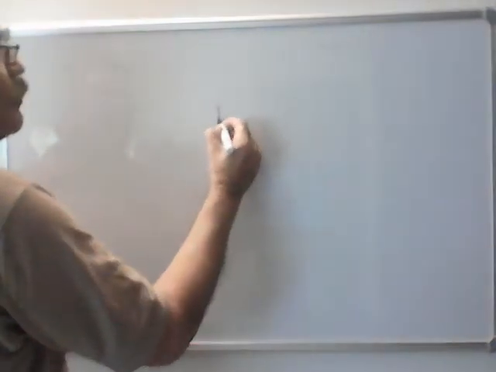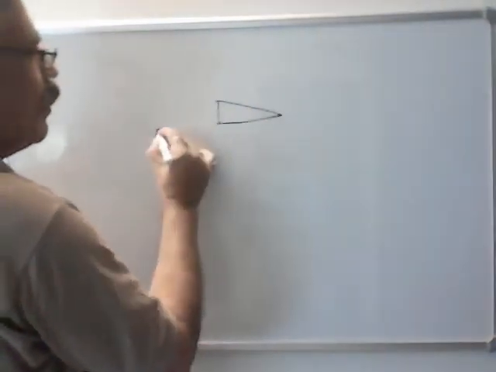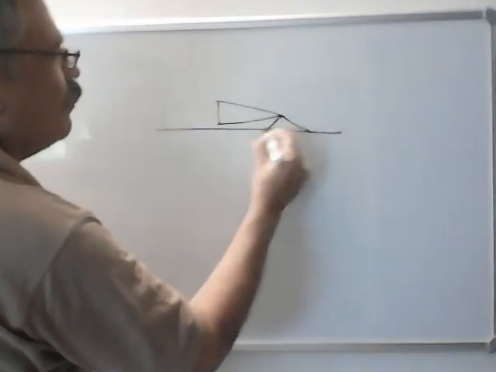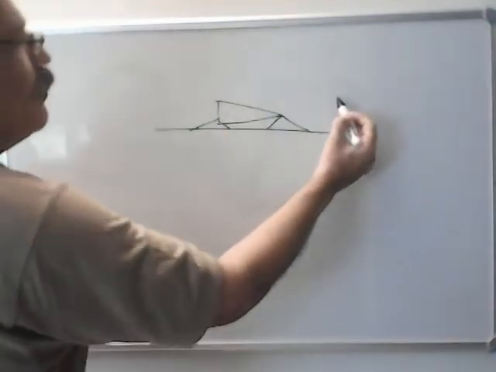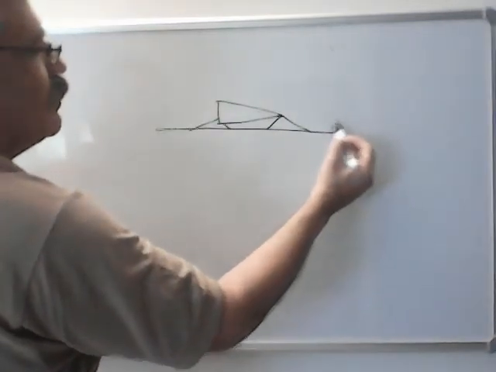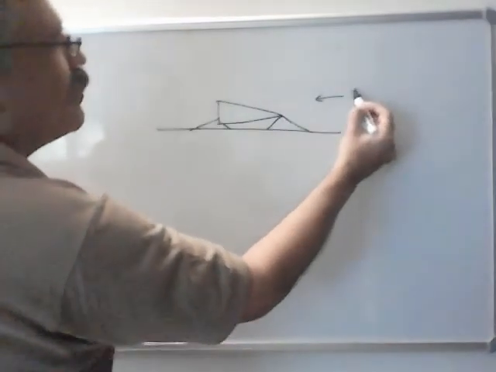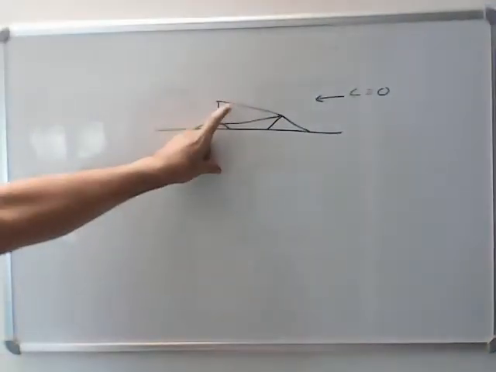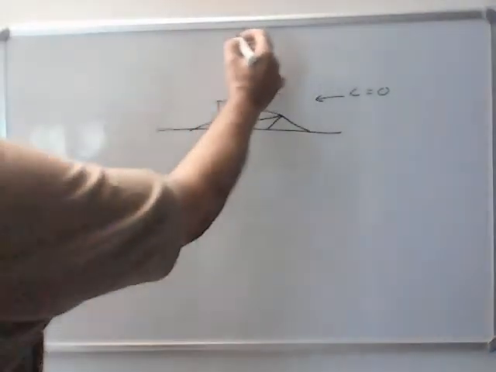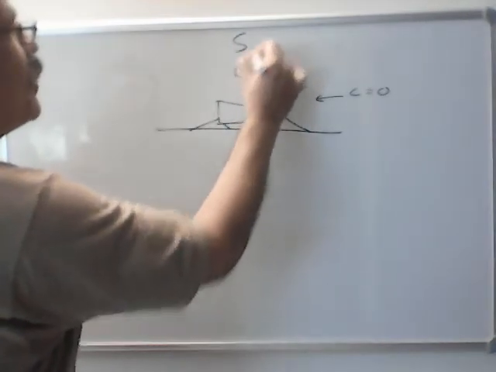Now suppose your ship is tied up alongside in a port. Ship is tied up with ropes and the current is 0. So now you have these two instruments on the ship. One is the speed log and one is the GPS.